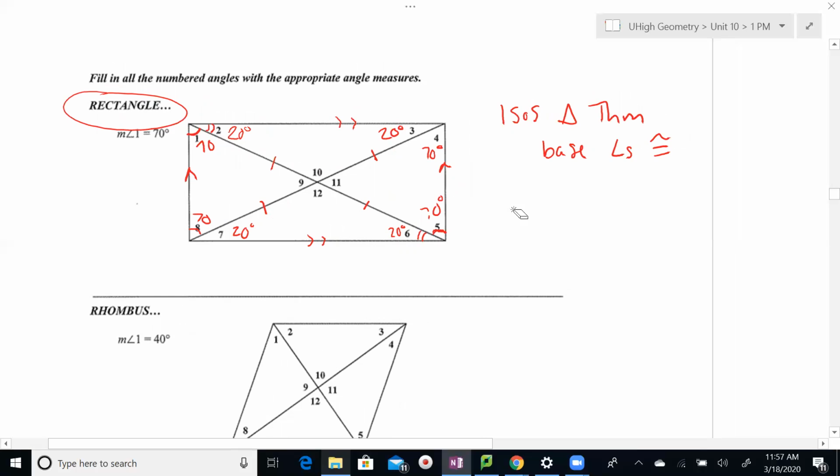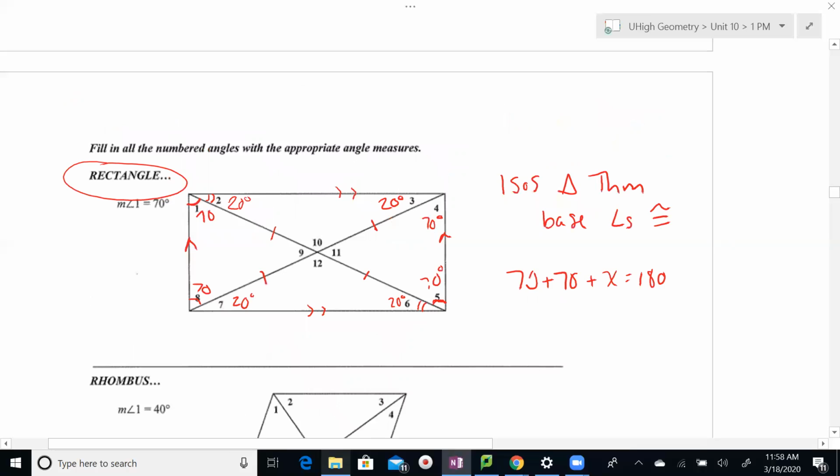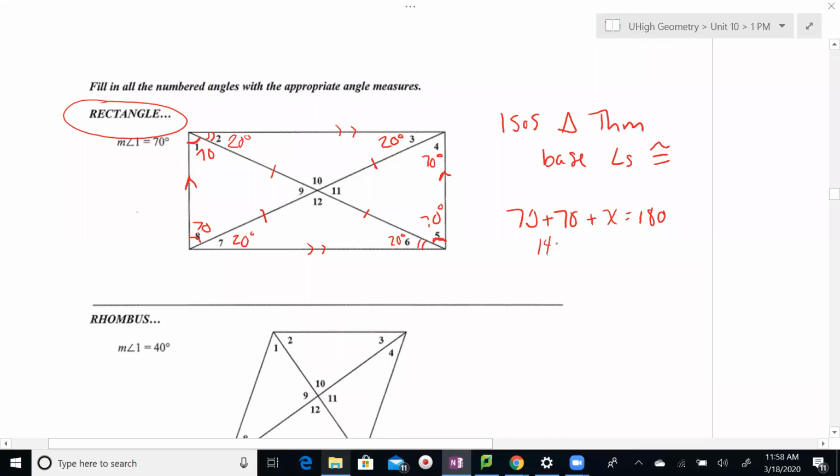So for my two side triangles, I can say 70 degrees plus 70 degrees plus something equals 180 degrees. So I would say, okay, 140 degrees plus something equals 180 degrees. So my third angle, so angle 9 and angle 11, would have to be 40 degrees.